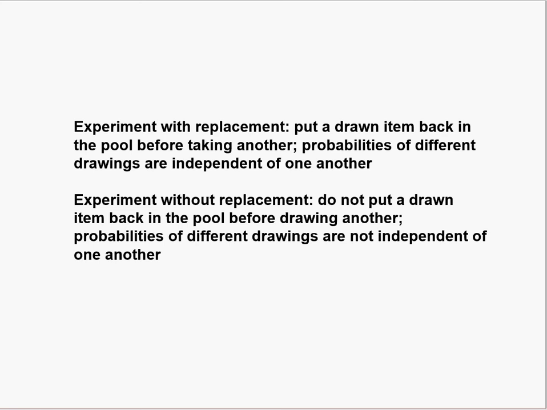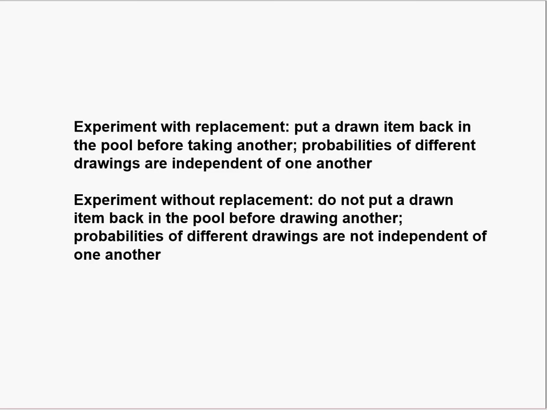Now we have a couple of concepts here: the experiment with replacement and the experiment without replacement. The experiment with replacement is when you conduct an experiment more than one time. You draw a card, for example, from a deck of playing cards.